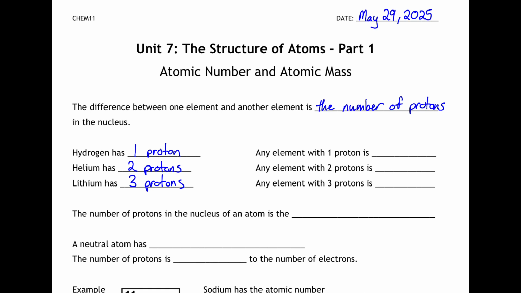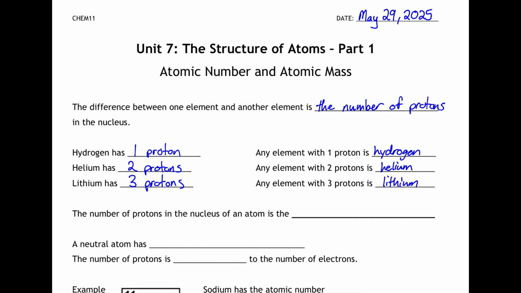So this is the analogy we get to make. If I see an element that has 1 proton, what element is it? It's hydrogen. If I see an element with 2 protons, it's helium. And rounded out, any element with 3 protons is a lithium.